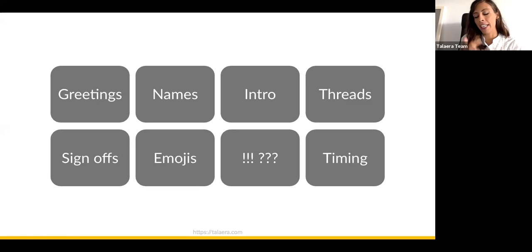But now we're having an interaction. Do I have to always add the decoration, or do I have to always say hello? We'll talk about that. Sign-offs is saying bye-bye. Emojis, yay or nay. Question marks, or in general, punctuation marks. And timing. Is there a right time or a wrong time to send an email? So that's what we talk about.